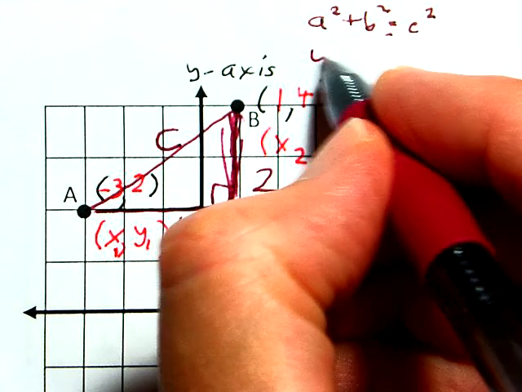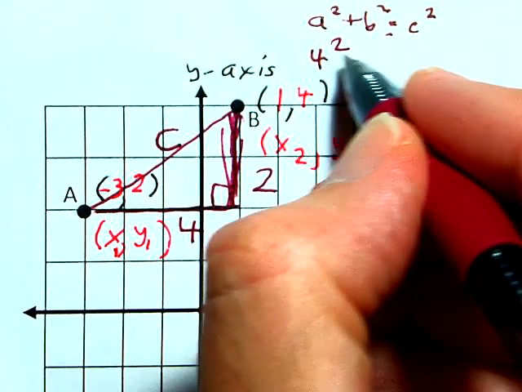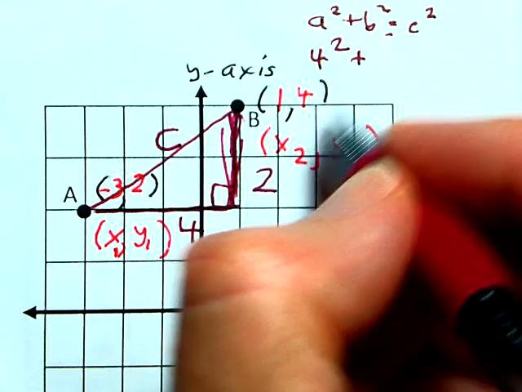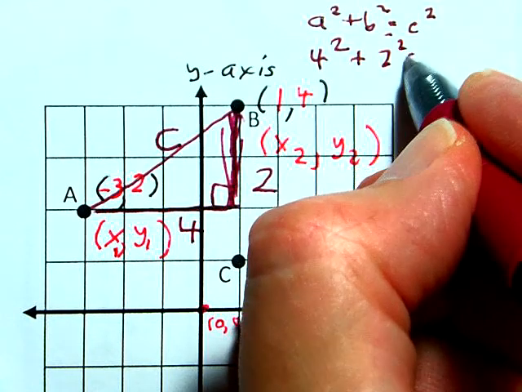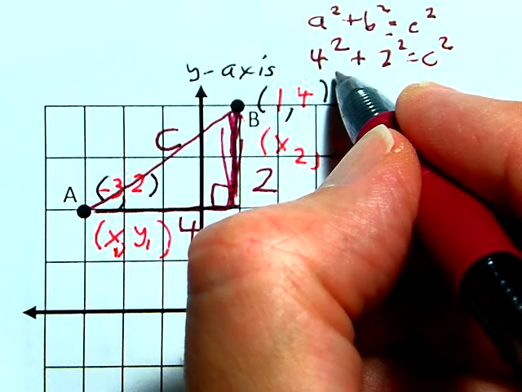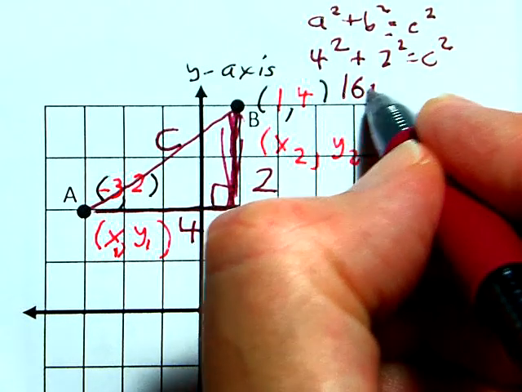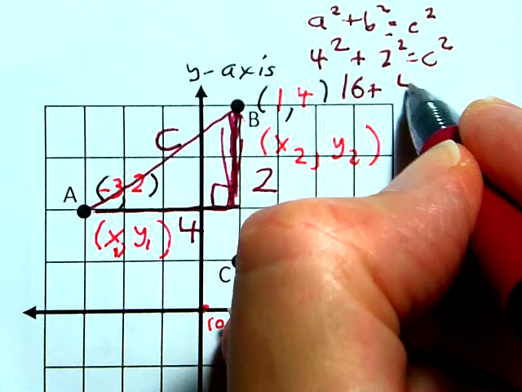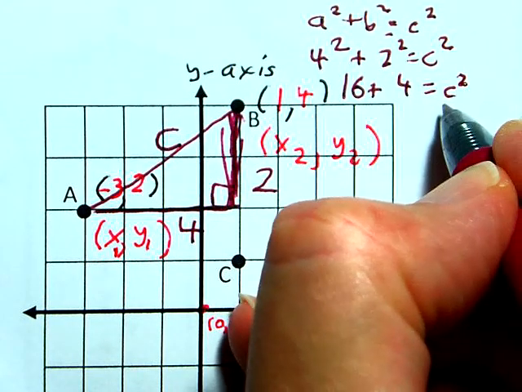So let's go ahead and say 4 squared. So A is 4. We have 4 squared plus, let B be 2, plus 2 squared equals C squared. 4 squared is 16. 2 squared is 4, equals C squared.